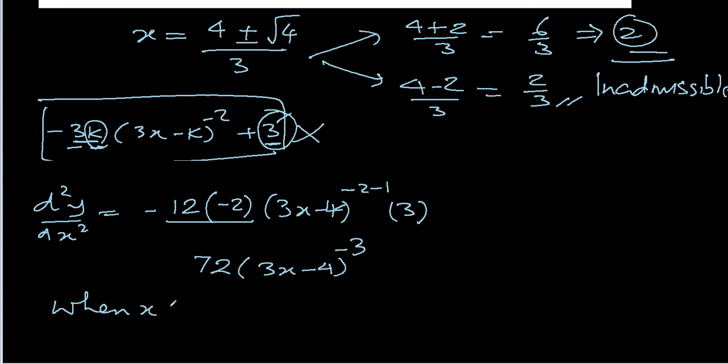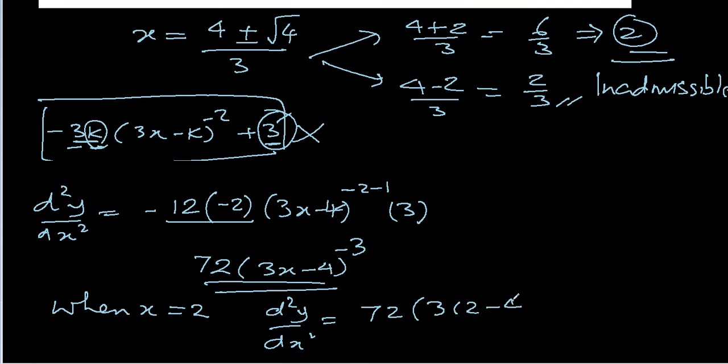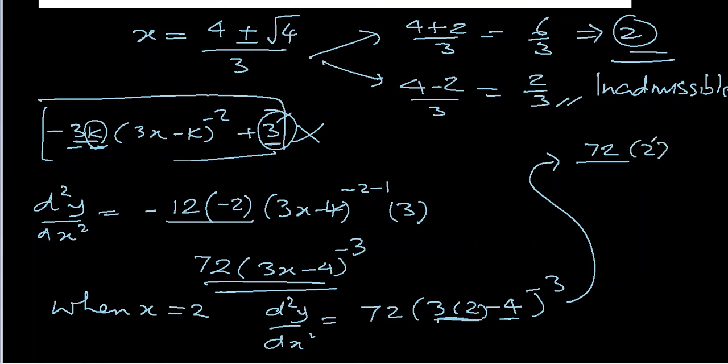Now we know our value. When x is equal to 2, what will this be? Second derivative, d square y over dx square equal to, so let's complete here. 6 minus 4 is 2, 2 to the power minus 3. 72 divided by, rather let's multiply by 2, 2 to the power minus 3.